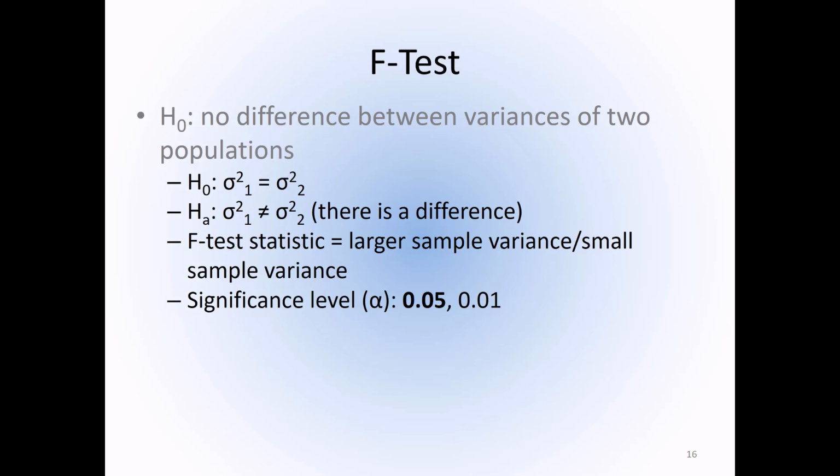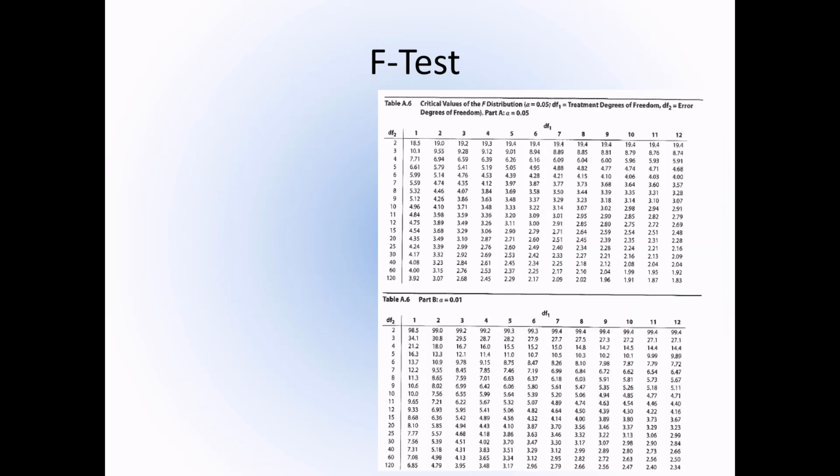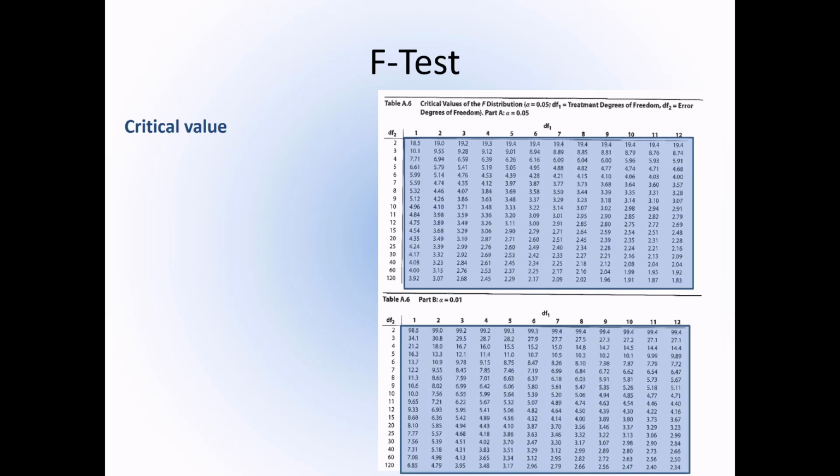Now, like our t-test, the F-test has its own statistical table. In this particular case, we've got a table for a significance level of 0.05 and a significance level of 0.01. Within the center of our tables, we have our critical values. This is the same as our chi-square table and our t-tables, just different values.